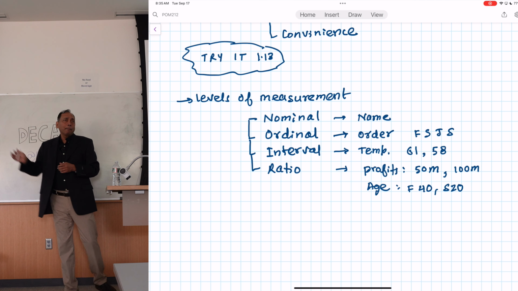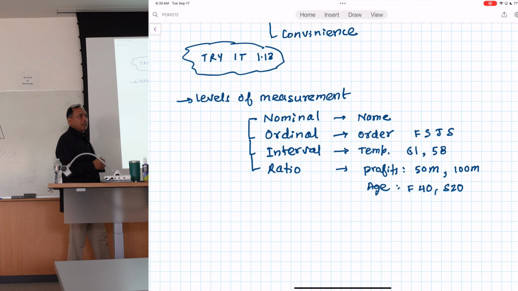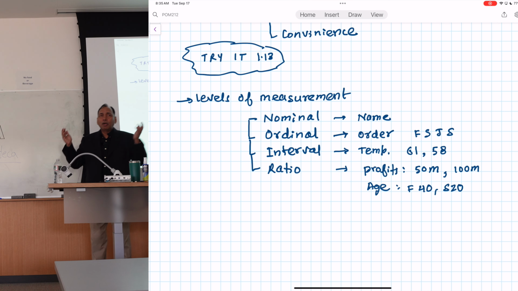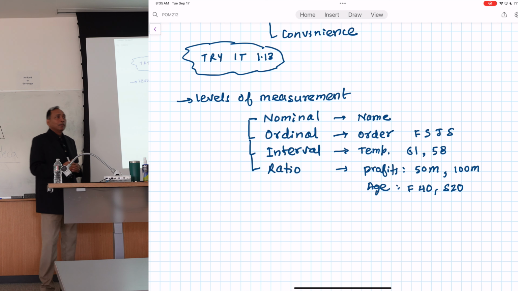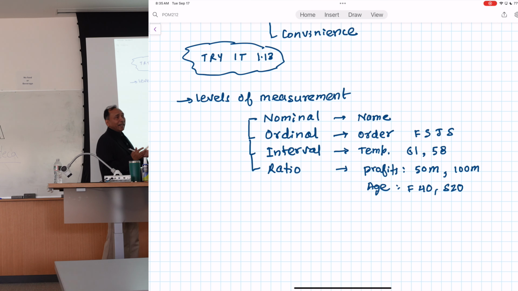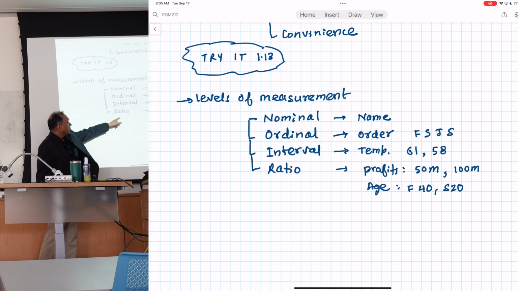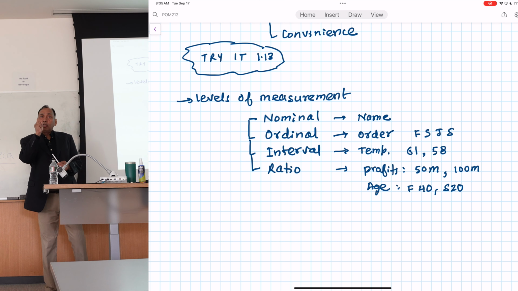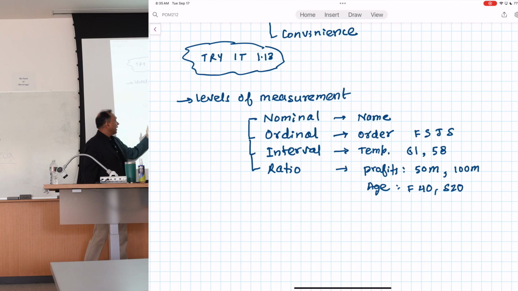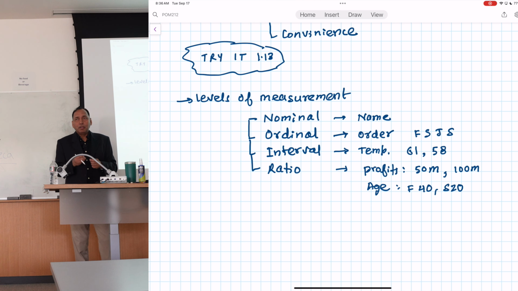Like nominal data, very few statistical methods may apply. You may be able to create a bar plot of, okay, last names starting with A, B, C, something like that. Not much you can do. You cannot add or divide, but with ratio you can do almost anything. So if you are working with data and the information contained in the data is more, even small samples will be good enough because they will tell you a good story.